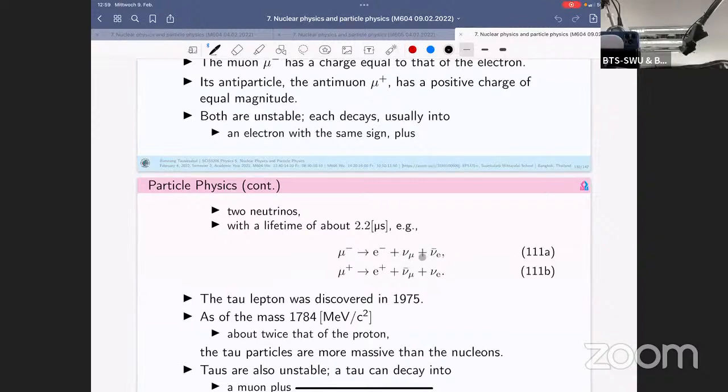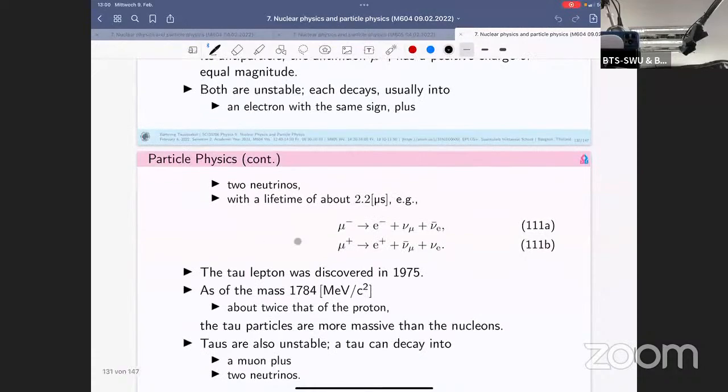You will see the reason later why sometimes it appears as a neutrino and sometimes as an anti-neutrino. The anti-muon, or muon plus, will decay into a positron with the same sign: if you have the positive charge, you get a positive charge. We have a muon anti-neutrino instead of a muon neutrino here, and you get the electron neutrino. You will see the reason later why we have different kinds.